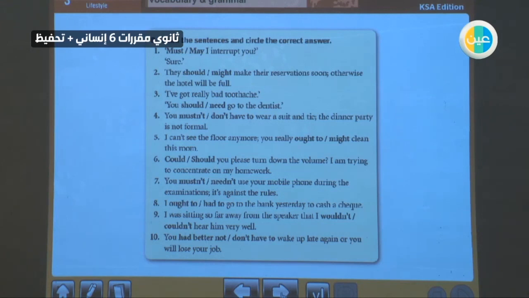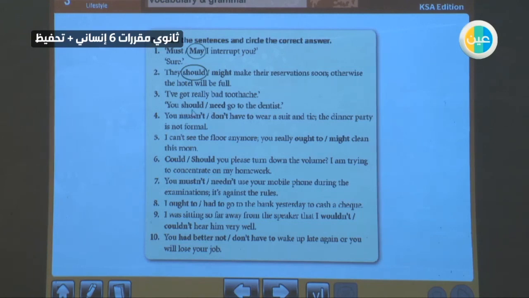Must, may, I interrupt you. So here you are asking permission, may. They might make their reservation soon. Otherwise, the hotel will be full. So hurry up. You have to, you should do your booking. I have a really bad toothache.